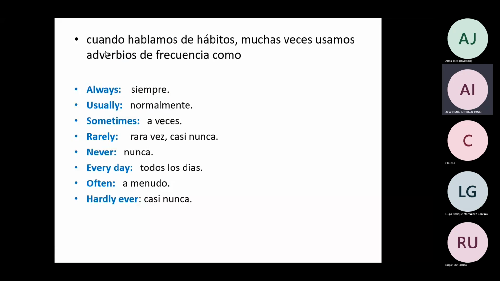Usually, normalmente, sometimes es a veces, rarely es rara vez o casi nunca, never es nunca, every day, that is one of the most common one, todos los días, often, a menudo, and hardly ever, casi nunca.